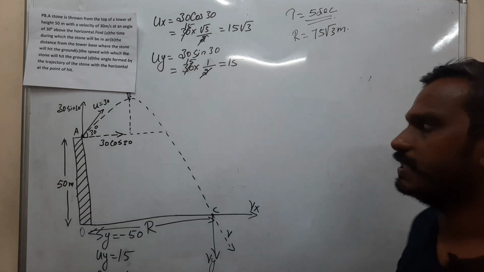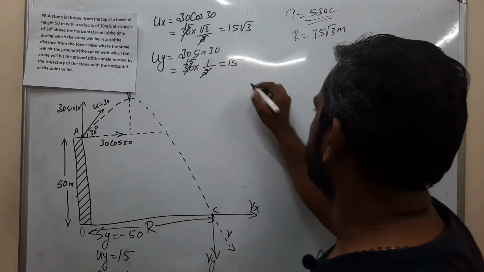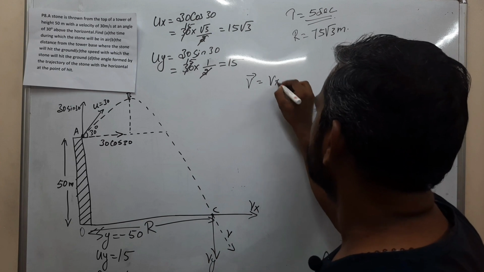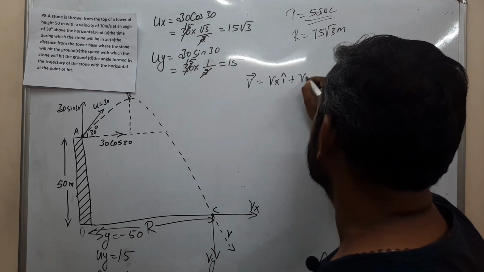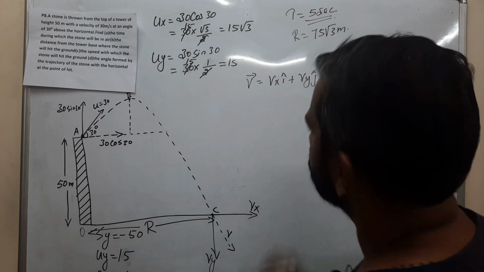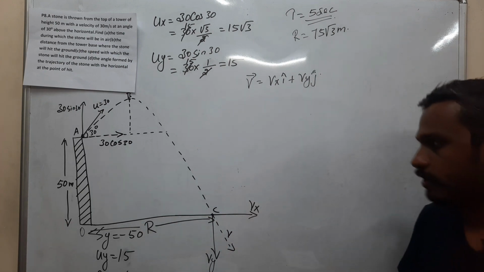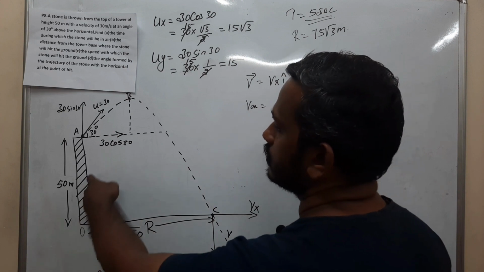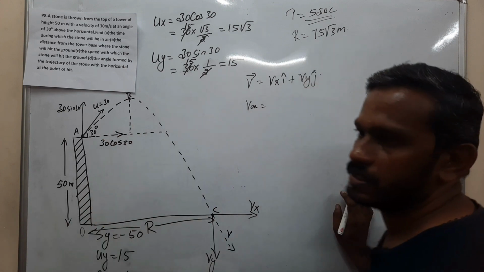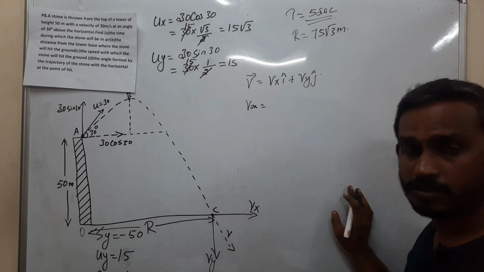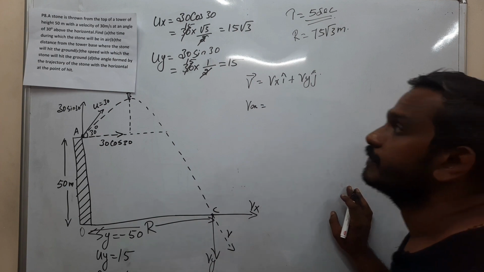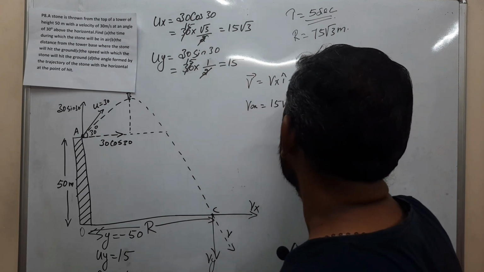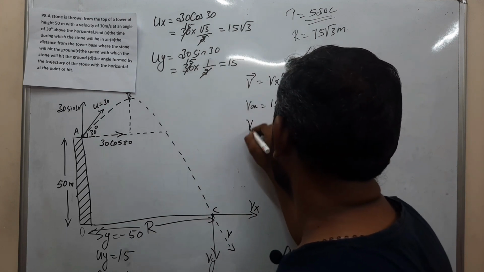So we can write the velocity vector v is equal to vx i cap plus vy j cap. What is vx? That is the final horizontal velocity. Horizontal velocity is constant, so vx equals ux, that is 15 root 3.